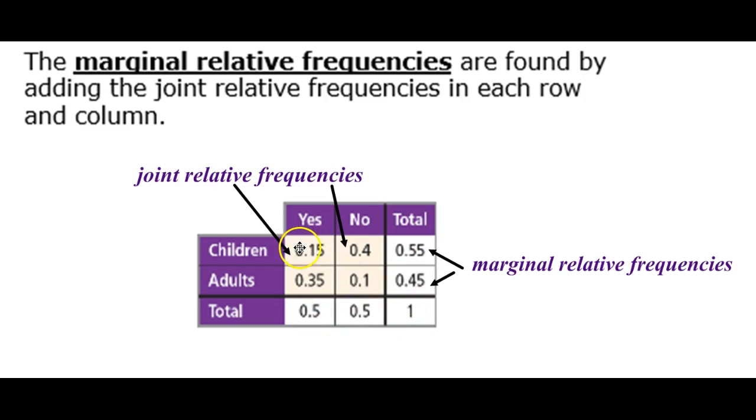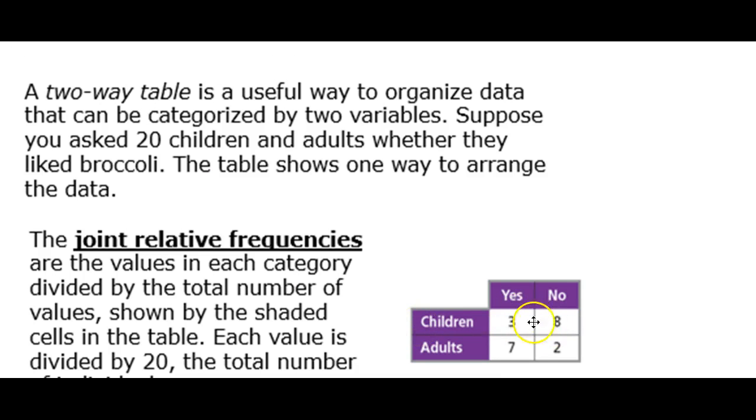Okay, so when we add this row, we have 0.55. When we add this row, we have 0.45. Together, they total 1. Okay, so look at that. We had 11 children, and we have 9 adults.